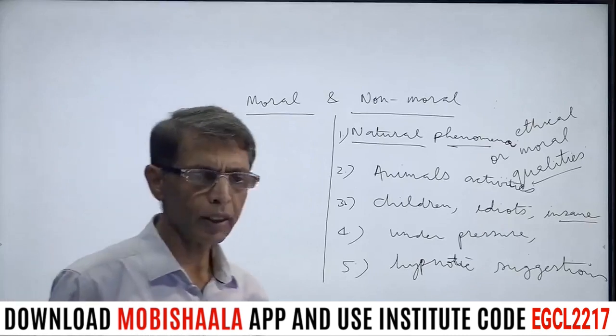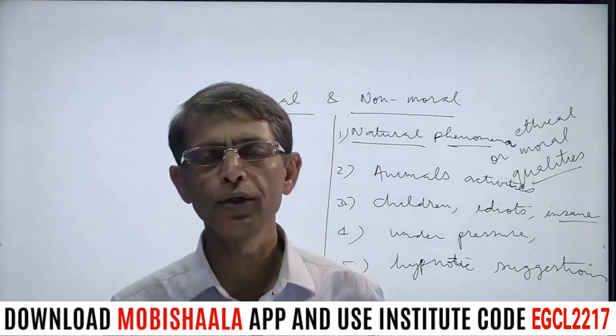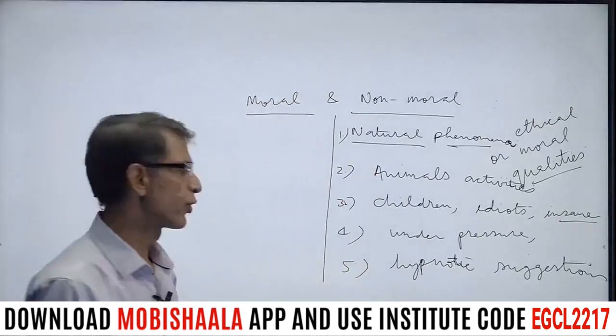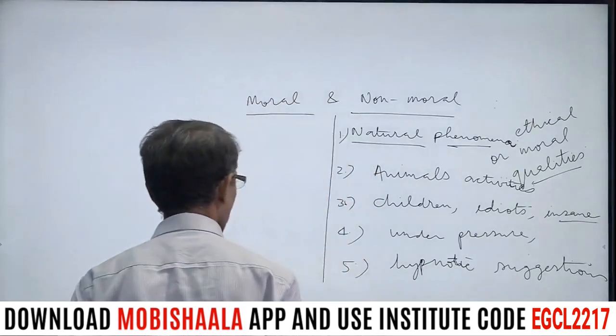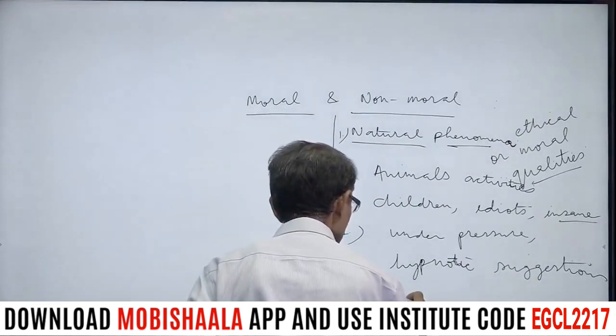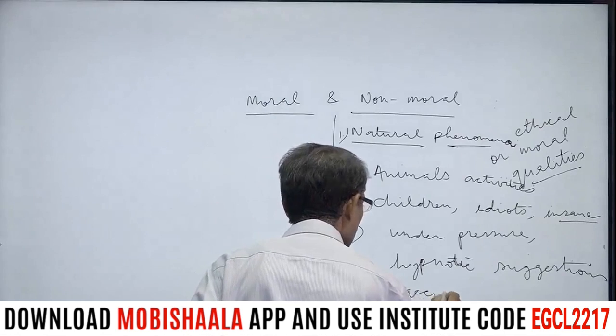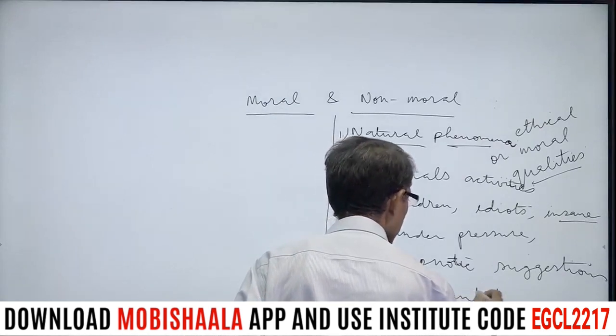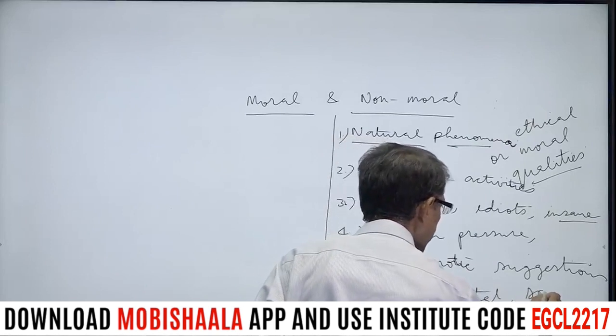There are some other human activities which are considered, for example, spontaneous action, any strong emotions, accidental action, and spontaneous action.